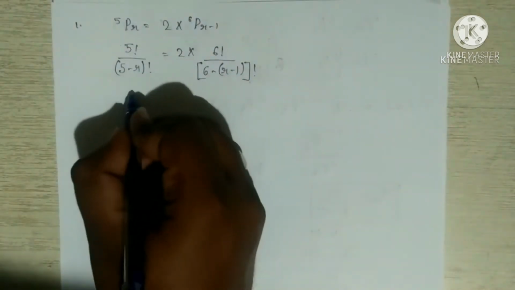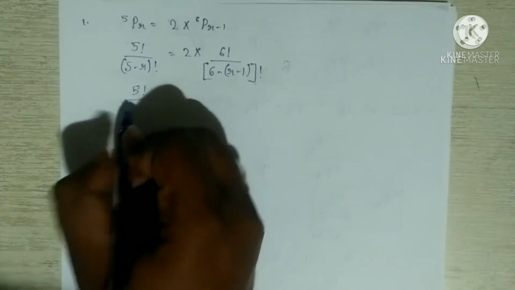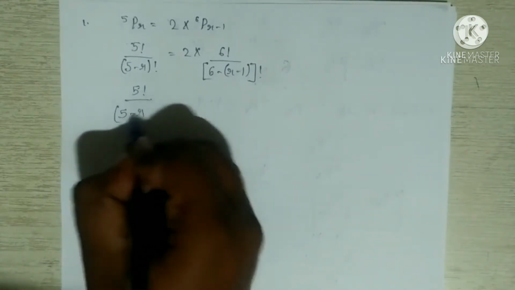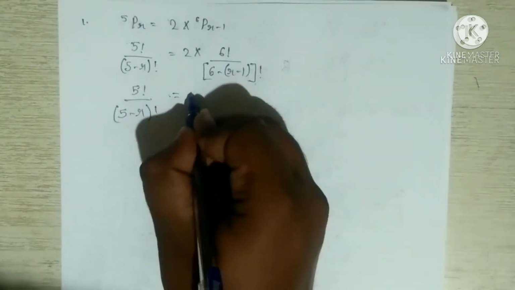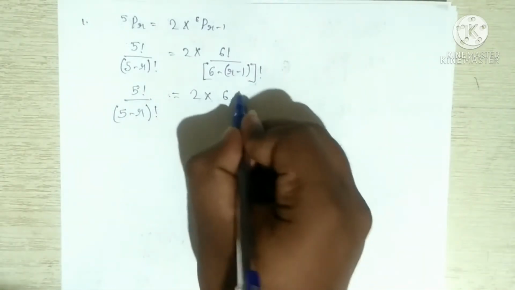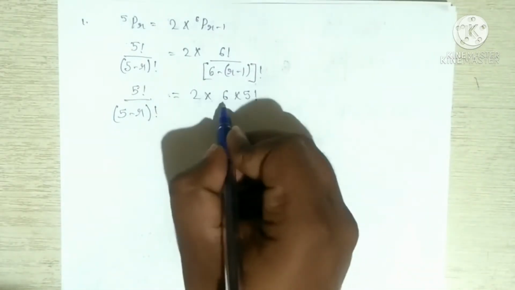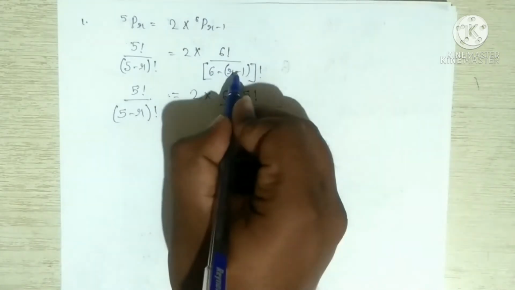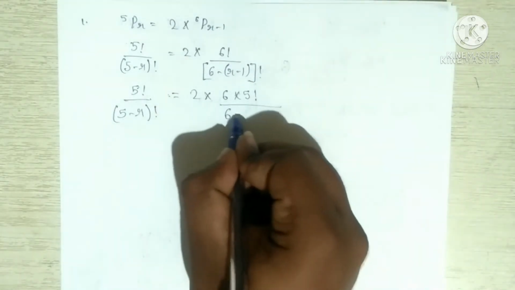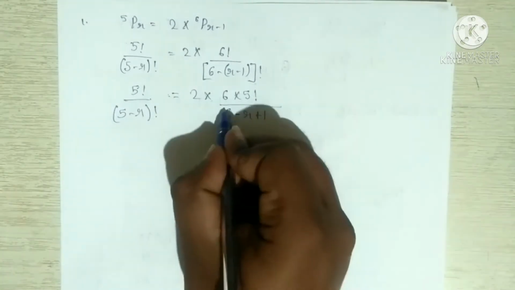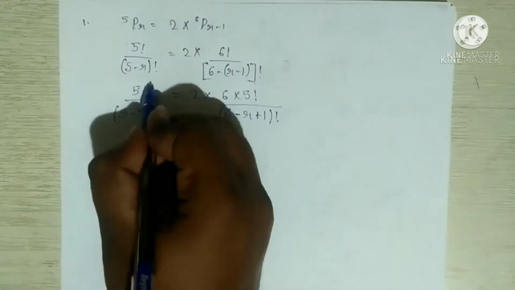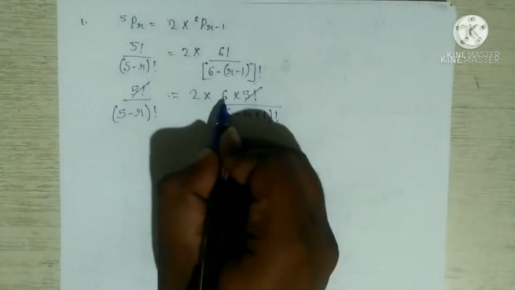Next, 5 factorial by (5-r) factorial is equal to 2 into 6 factorial, which can be written as 6 into 5 factorial, whole divided by (6-r+1) factorial. 5 factorial cancels. 6 times 2 is 12.